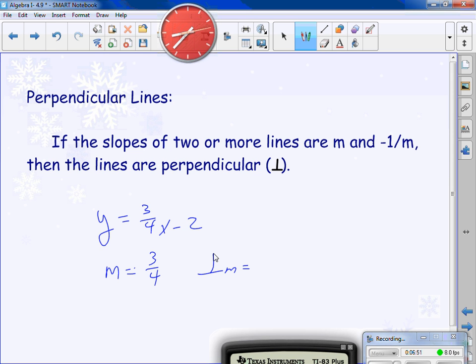It's positive, so I have to take the opposite, so now it's negative. What's the reciprocal of 3/4? 4/3. Perpendicular slope to 3/4 is negative 4/3.